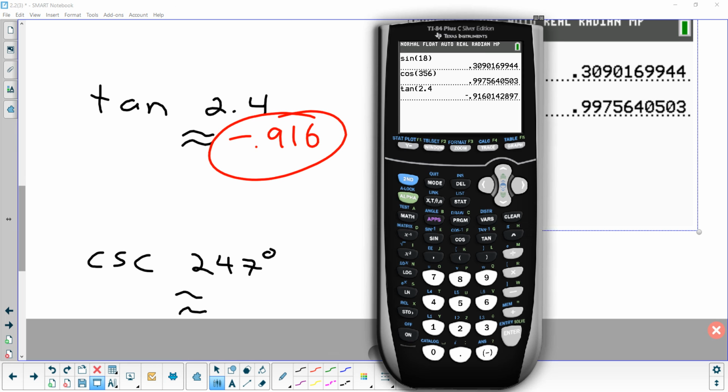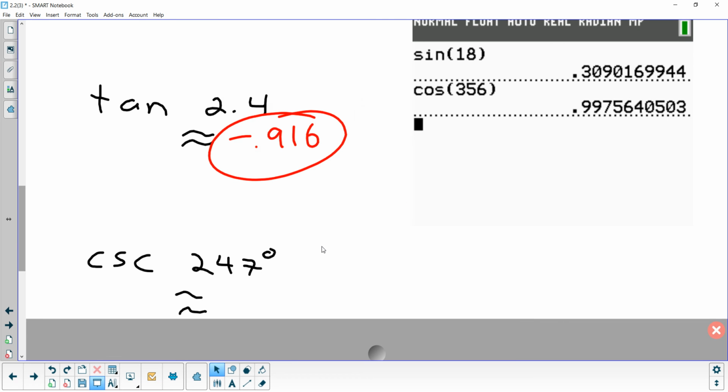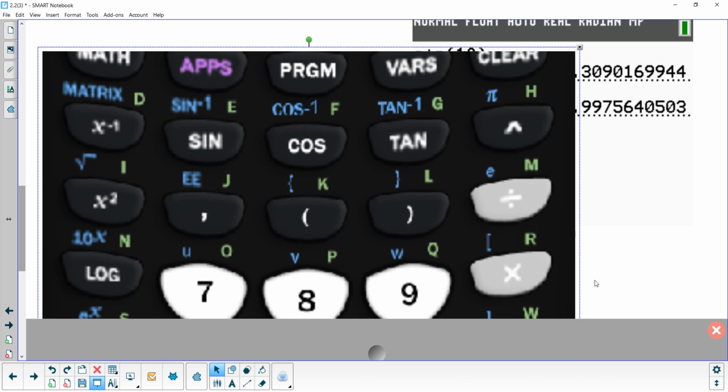All right, let's look at the calculator, and now we're looking for cosecant. I know it's probably a little bit hard to see, but does anybody see a cosecant button? All right, that's the area you want to be looking in.